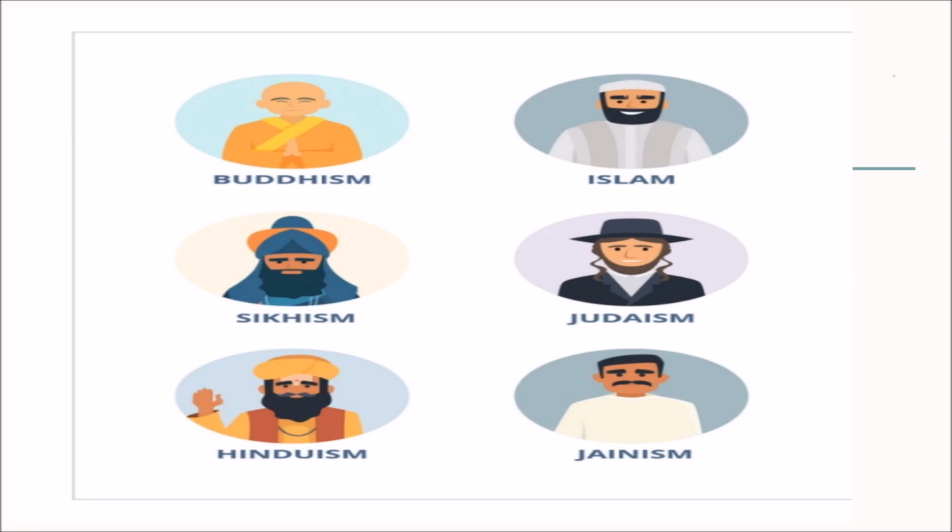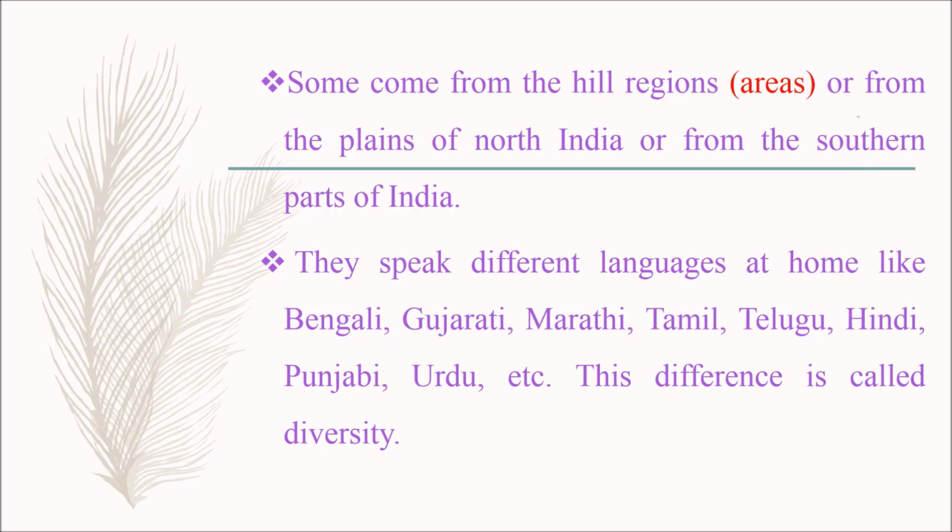They may follow a different religion like Hinduism, Sikhism, Islam, Jainism or Buddhism. So here in this picture we can see the different kinds of religions like Buddhism, Sikhism, Hinduism, Islam, Judaism and Jainism. Some come from the hill regions.